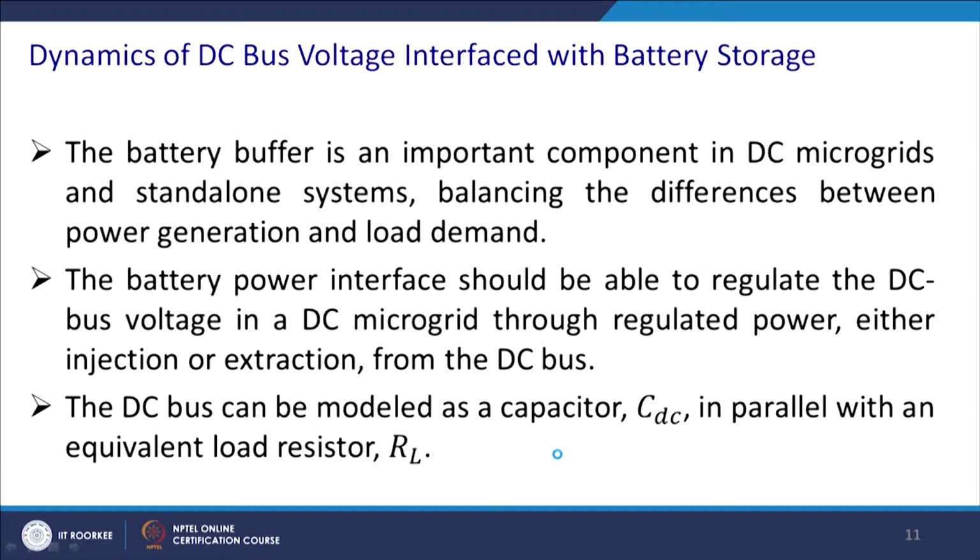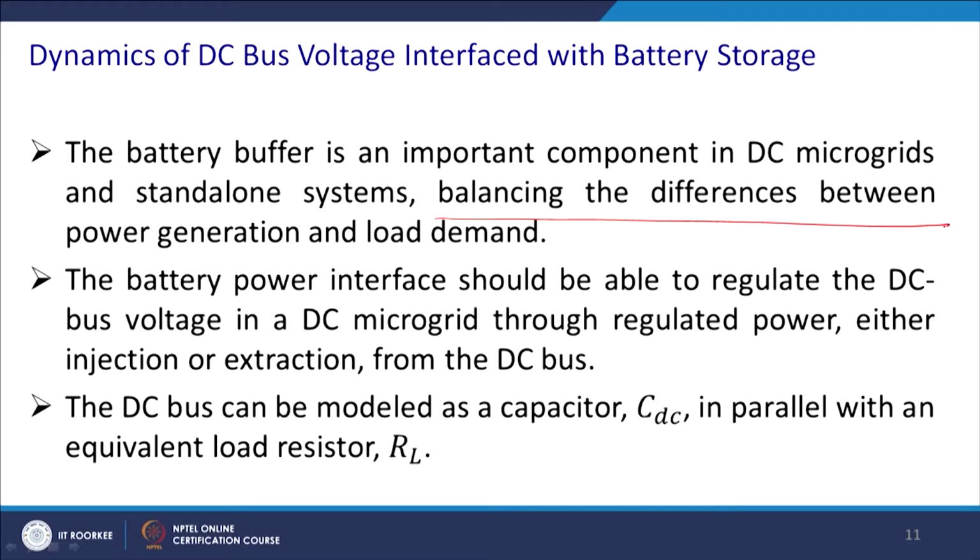The battery buffer is an important component in a DC microgrid in a standalone system, because in most cases you may have a mismatch between the generation peak and the demand peak, and also an instantaneous mismatch between the power of the two entities.